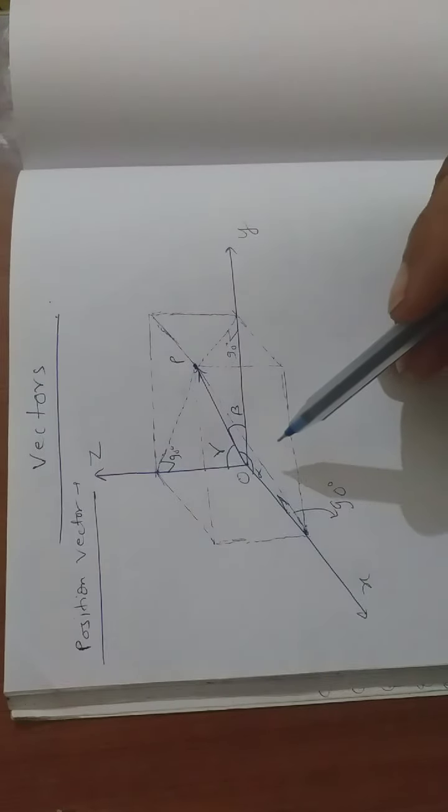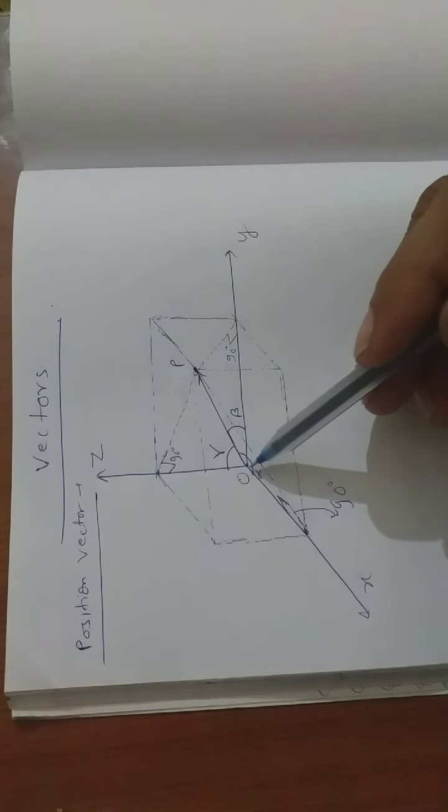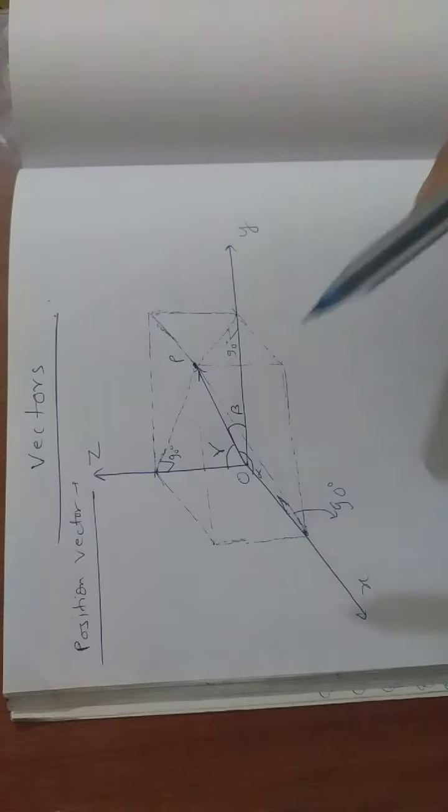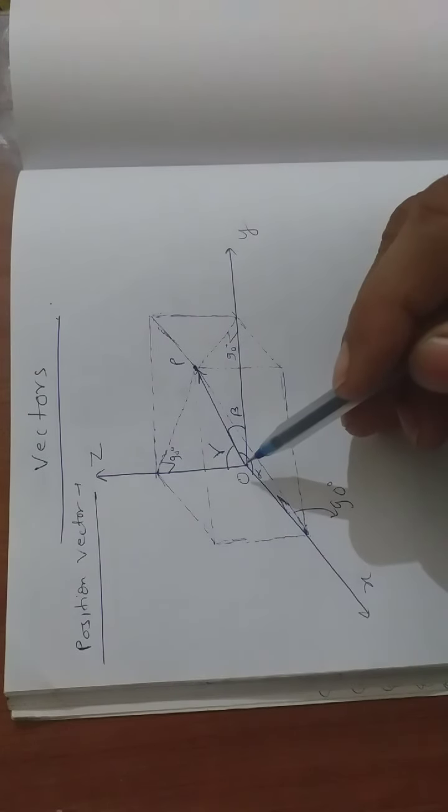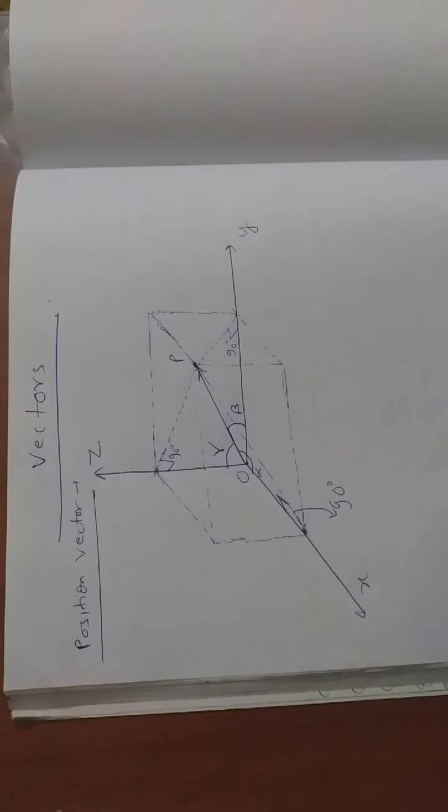We know that the origin is the intersection point of all these three perpendicular straight lines, and the coordinates of the origin are taken as 0, 0, 0. Dear students, suppose there is a point P having coordinates x, y, z.